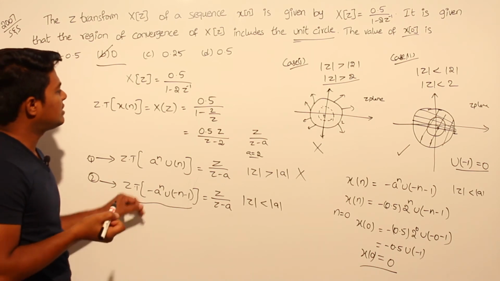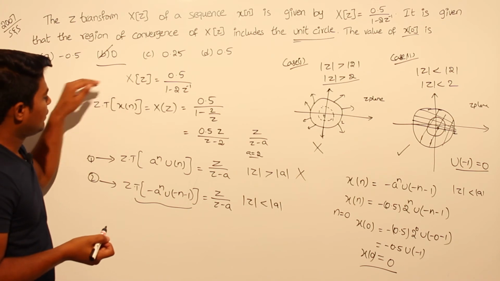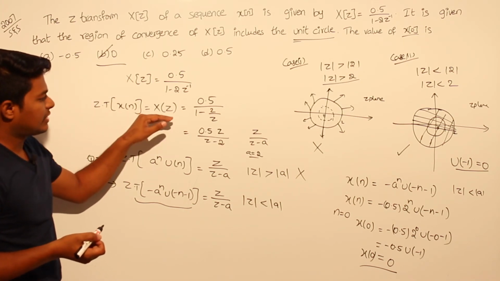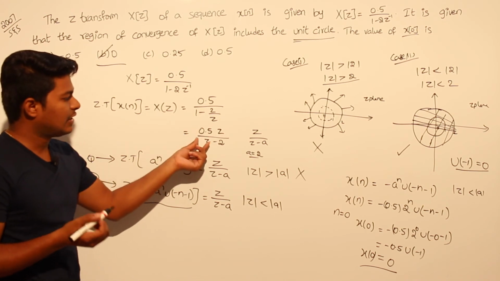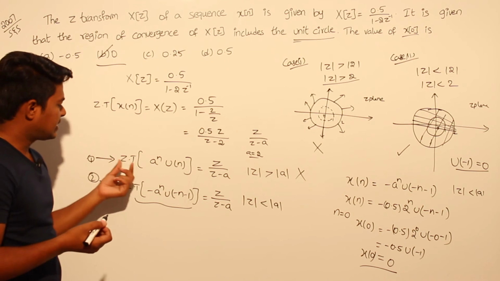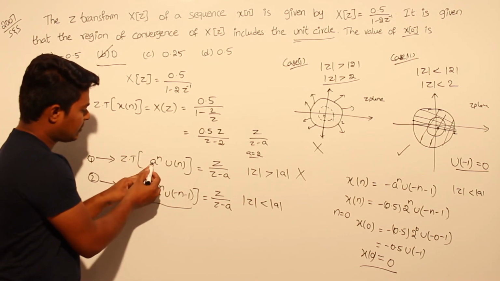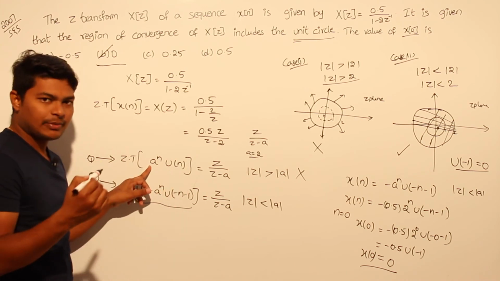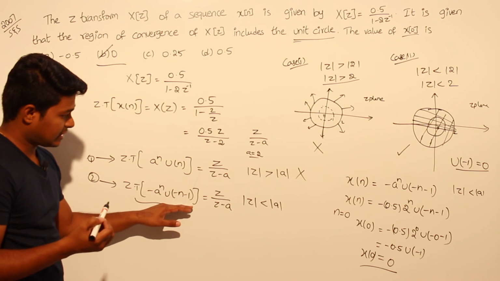So how have we solved this? First we took the given X(z), and we know that the z transform of x(n) is equal to X(z), and we slightly adjusted it so that it is in the form of z / (z - a). For this z / (z - a), there are two possibilities. The first one is x(n) = a^n u(n). Another possibility is x(n) = -a^n u(-n-1).